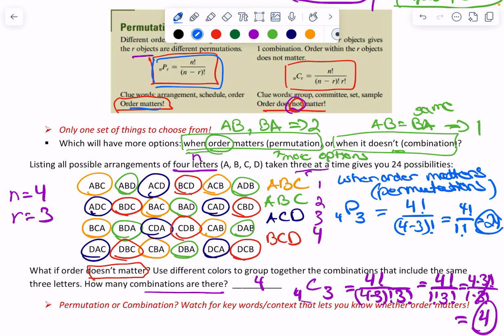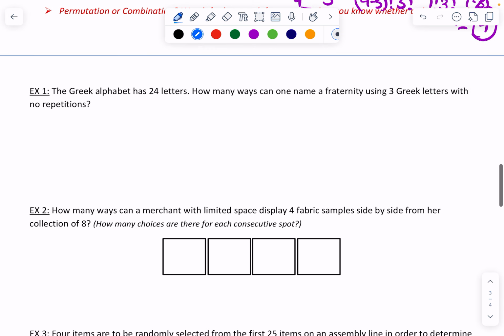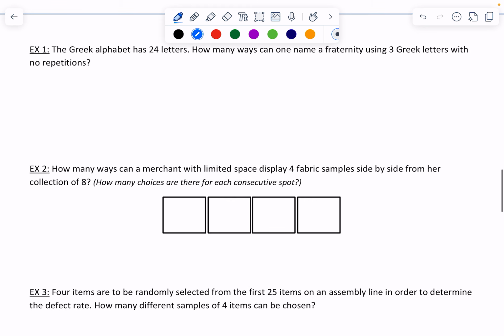And of course, if we count how many we have here, that's the 24 different options. Okay, so remember whether order matters or not. Those are the keywords to watch when we start working on these examples.